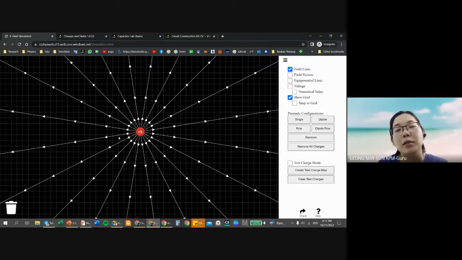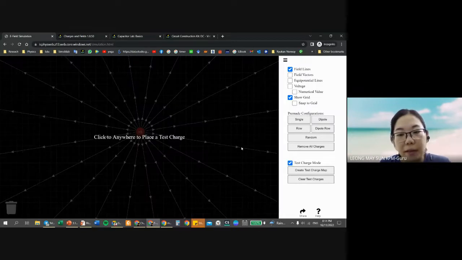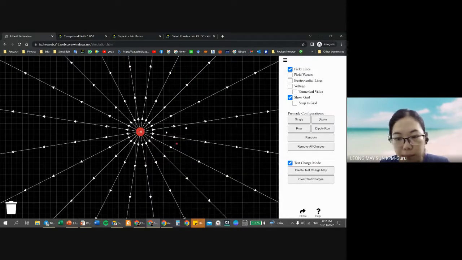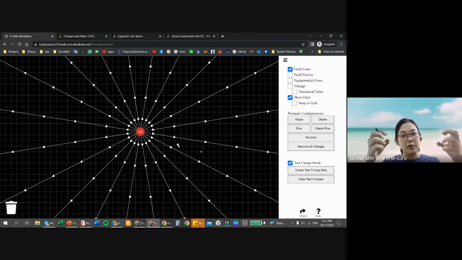So, if I were to put a test charge at this position, the happiness of that person will actually be spreading out. So for a positive charge, the middle +5, when I put another test charge here, it will actually push the test charge further away along the electric field lines, because for positive charges, the electric field lines are going out.